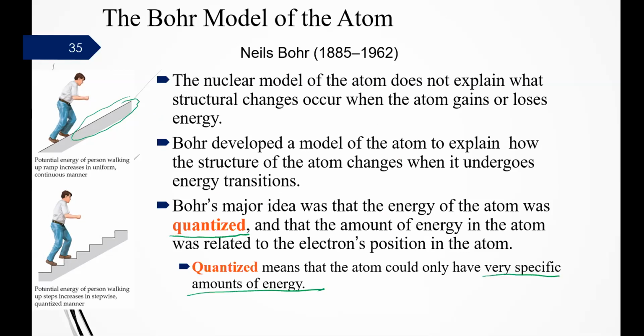So instead of a ramp, it's more like a staircase, where you're either on the top of the stair or on the next stair, but you can't be in between. That's what he meant by quantized energy inside of the atom: these discrete energies that an electron can exist at. All of the other times, it can't.